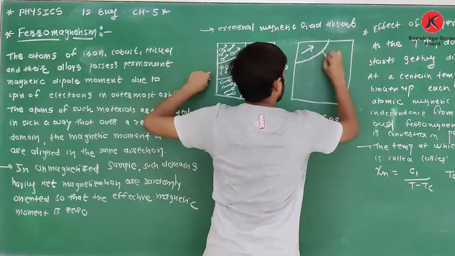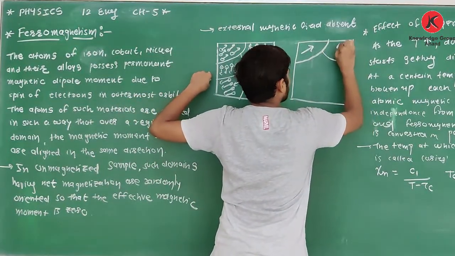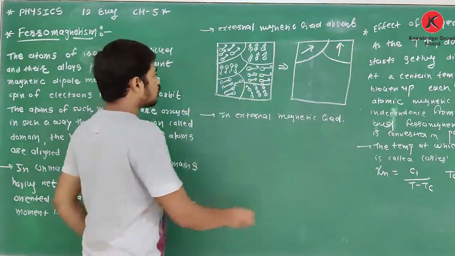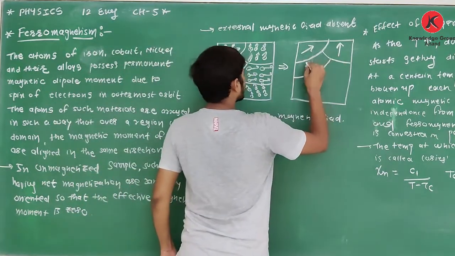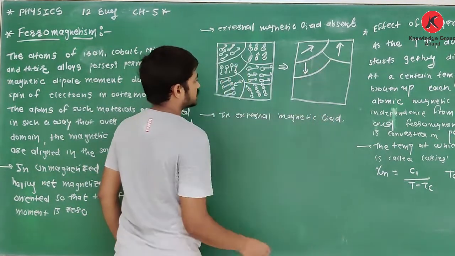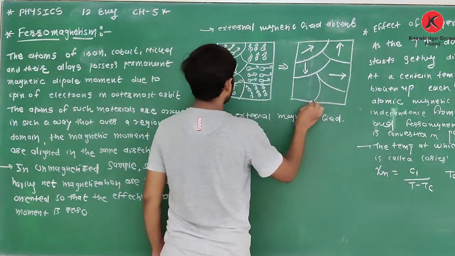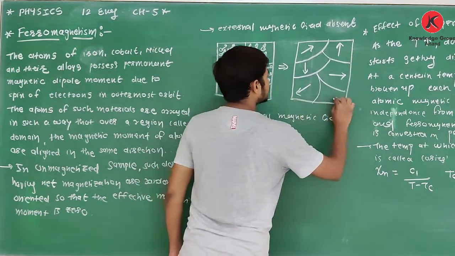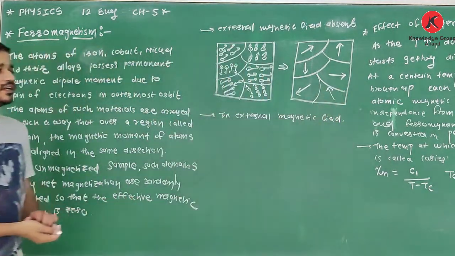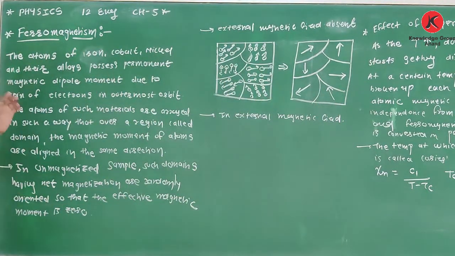In this domain, I can draw the resultant magnetic moment in this direction, and in this domain, and this domain, in this direction. Clear about this? So again understand the meaning of this statement: the atoms of such materials are arranged in such a way that over a region called a domain, the magnetic moments of atoms are aligned in the same direction.